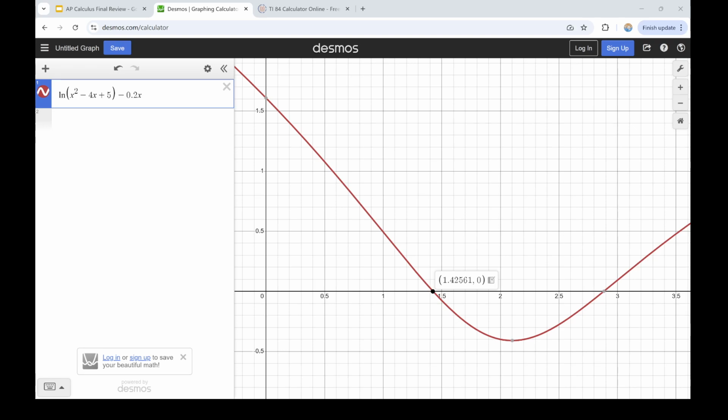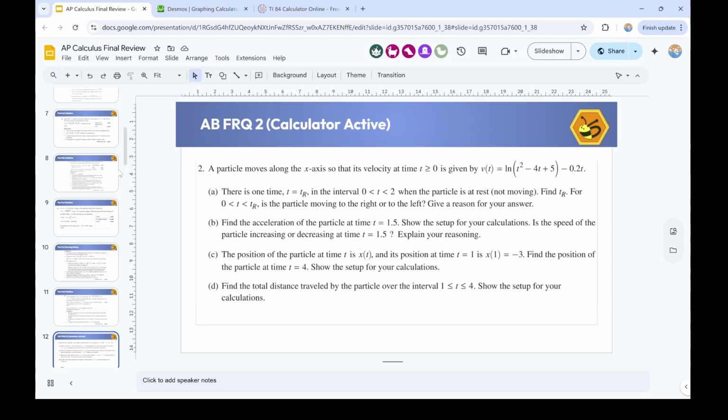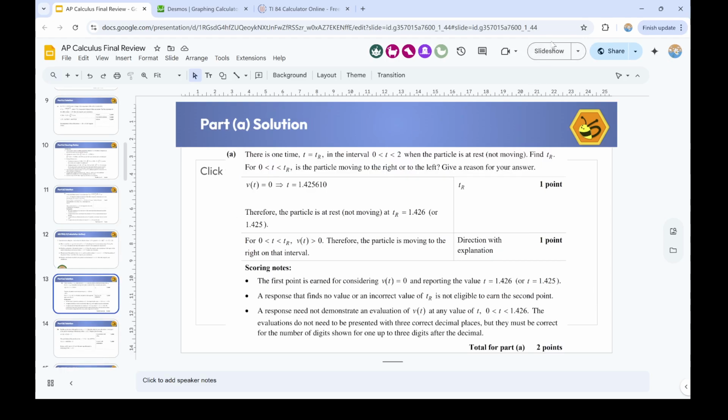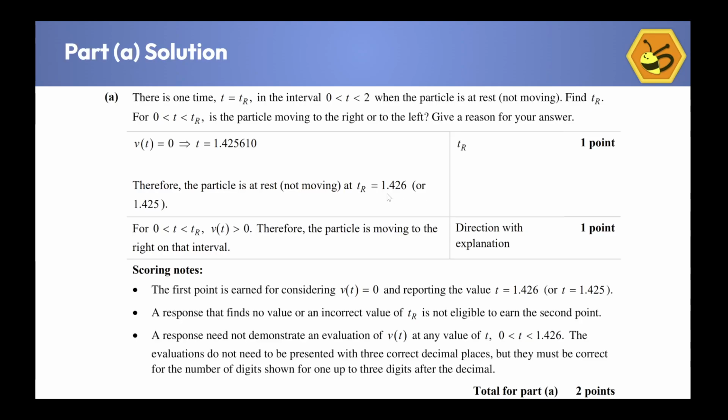Yes, we can use a graphing calculator because this is question 2. So we can say that the zero is 1.426 and the velocity is bigger than 0. That's all for part A. We have 2 points here.